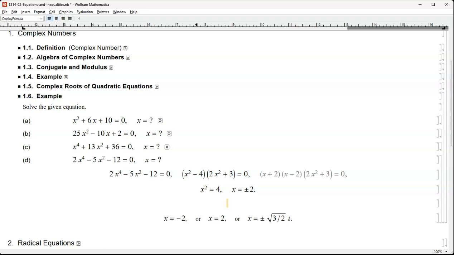And then from the other, 2x squared plus 3 equal to 0. 2x squared is negative 3, so x squared is negative 3/2.